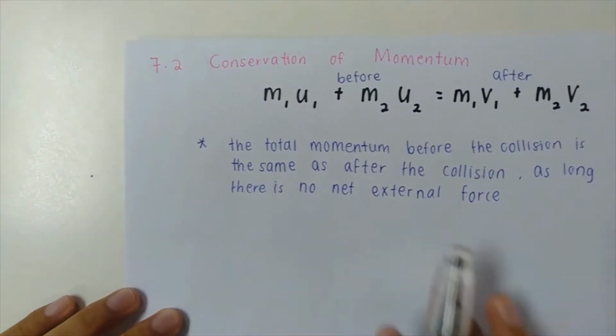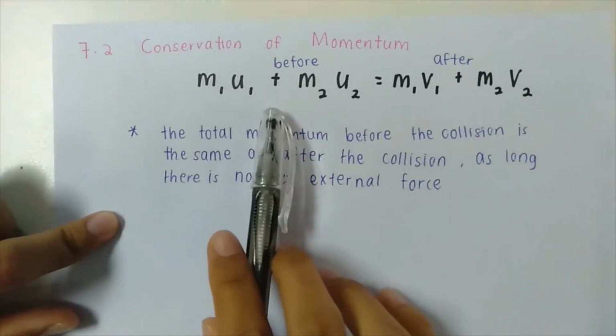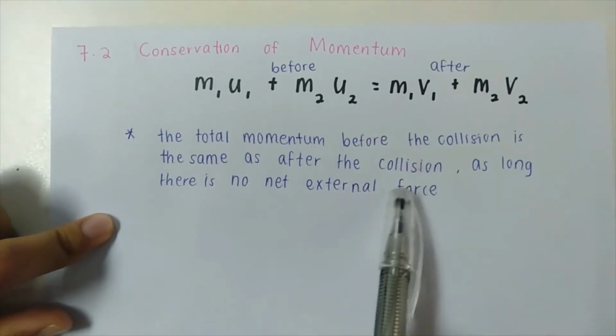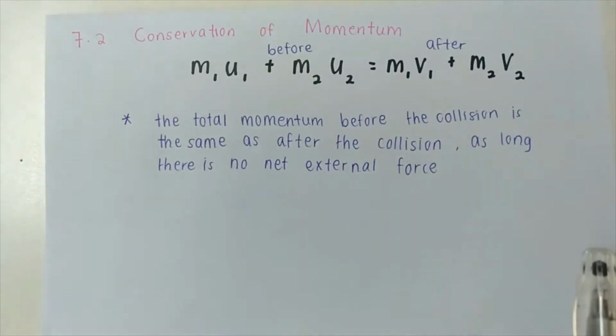Conservation of momentum is about the total momentum before the collision is the same as after the collision, as long as there is no net external force.